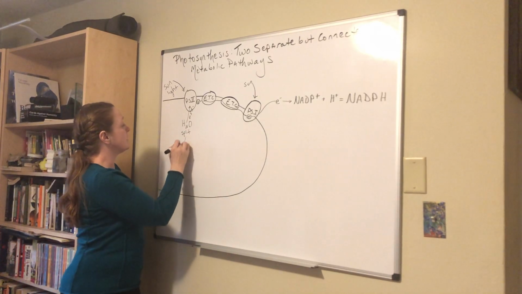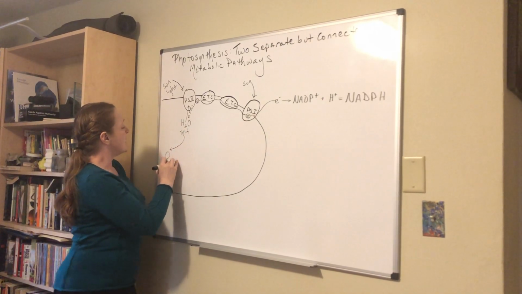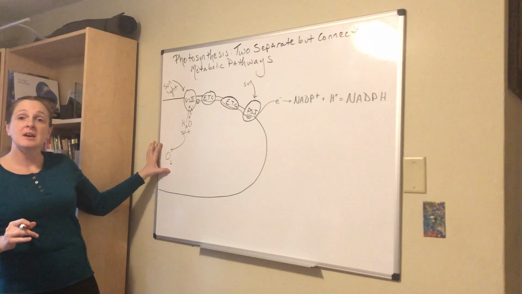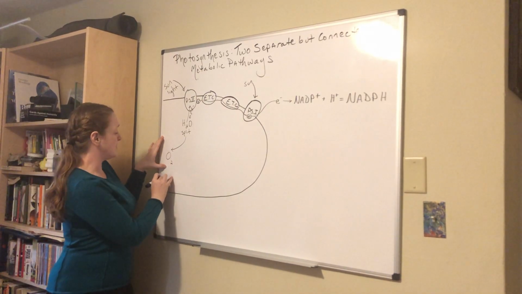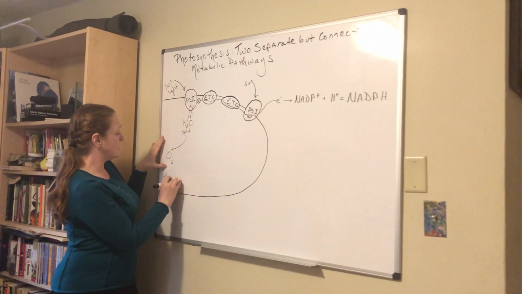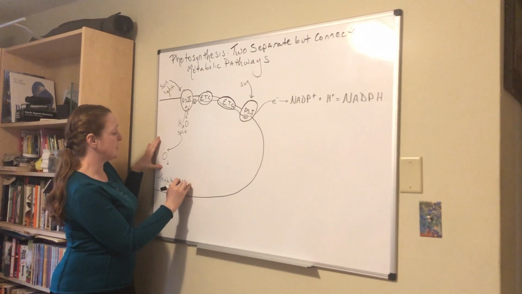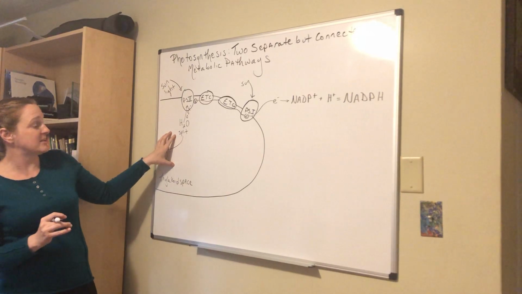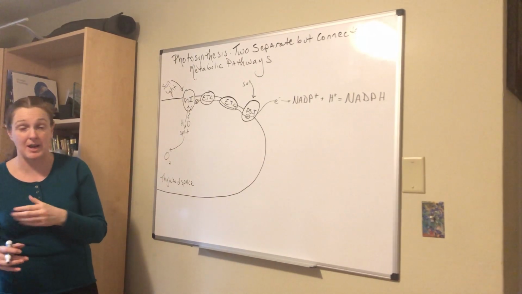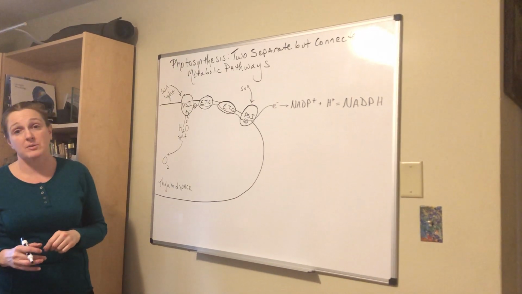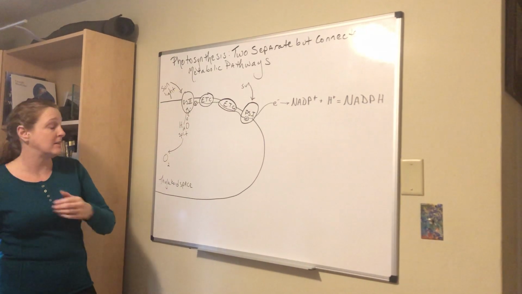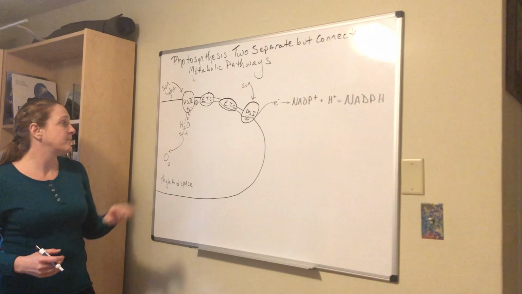Now, when we split water, oxygen is released. Since we have a high concentration of oxygen here in our thylakoid space, oxygen is going to move from an area of high concentration to low concentration out in the atmosphere. Oxygen is going to diffuse out of our thylakoid space, out of our chloroplast organelle, and out into the atmosphere.